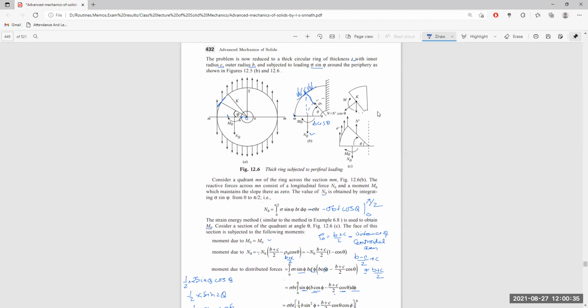This is the normal force, and normal force N dash cos theta is acting over the base of this triangle with the angle theta itself. This is theta and this is theta. So thus this is b cos theta. The N dash is equal to N into b cos theta, which happens here.